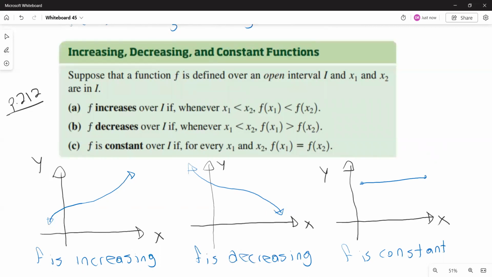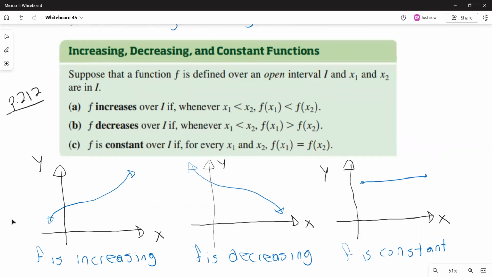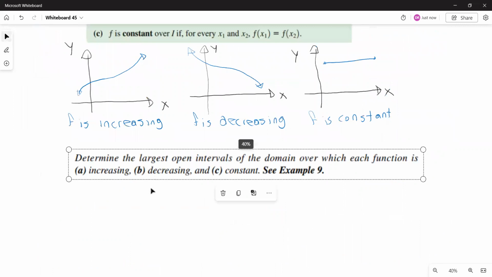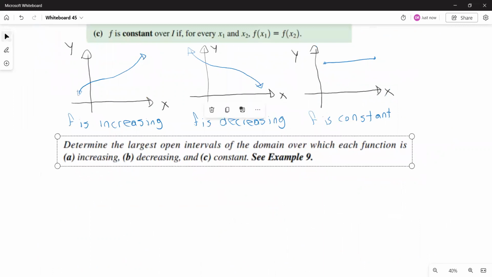So we're doing 2 examples about increasing, decreasing, and constant functions, and we're doing number 88.